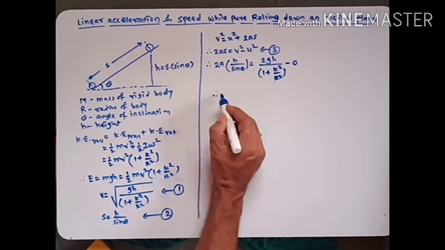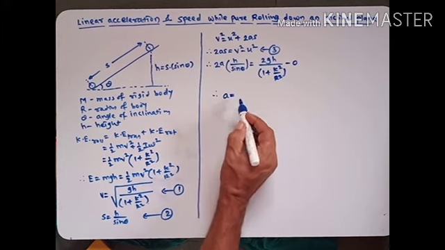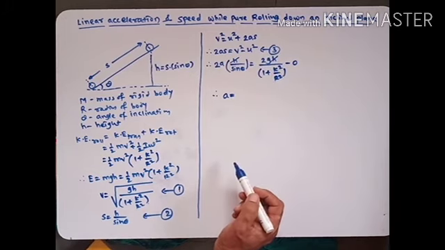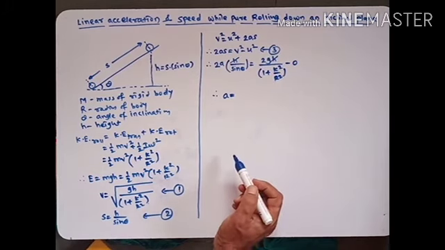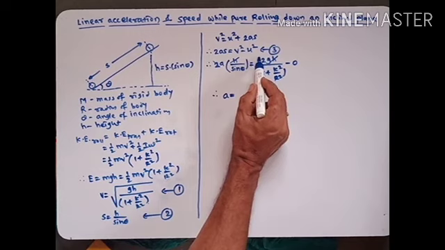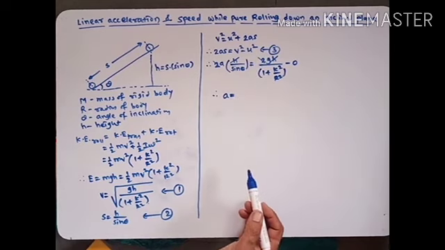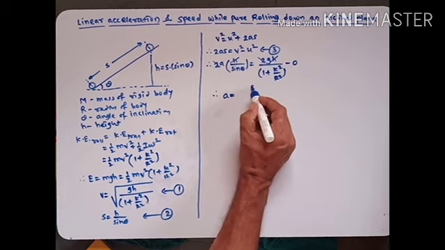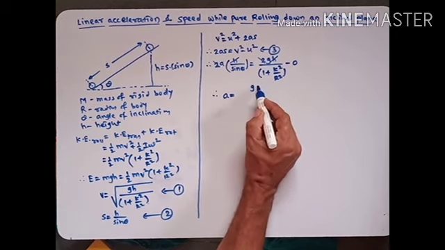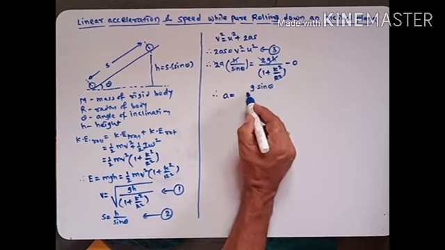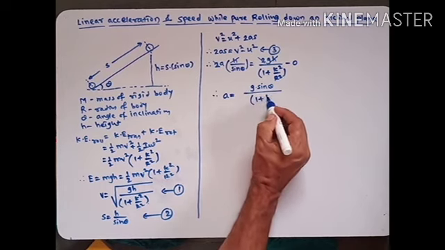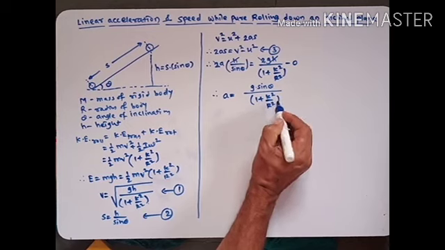This h gets cancelled on both sides, and the factor 2 also gets cancelled, and therefore a is equal to g sine theta upon 1 plus k square upon r square.